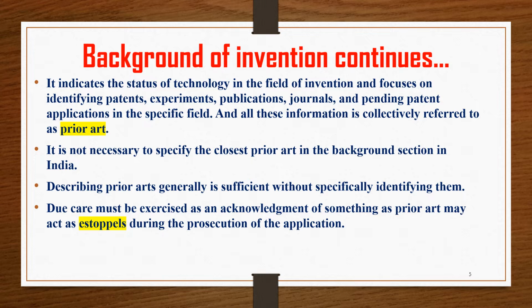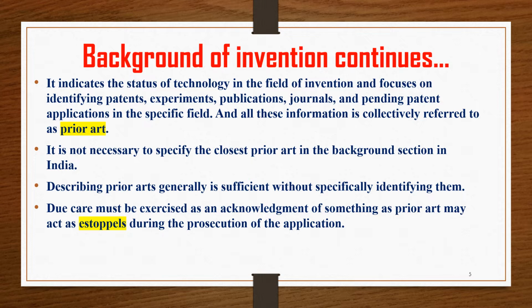We can say that describing prior arts generally is sufficient without identification done specifically. The next point is that due care must be exercised as an acknowledgement of something as prior art. Just read it like this, friends. Due care must be exercised as an acknowledgement of something as prior art may act as estoppel during the prosecution of the application.